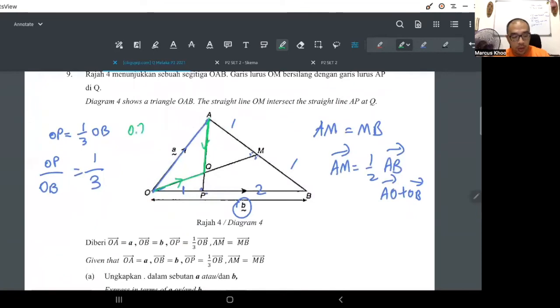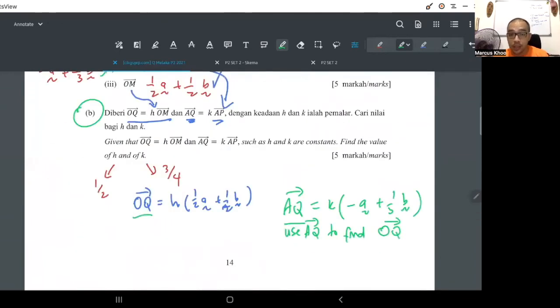So OQ equals OA plus AQ. We use this, and then we compare. So let's give it a try. OQ is equal to OA plus AQ.